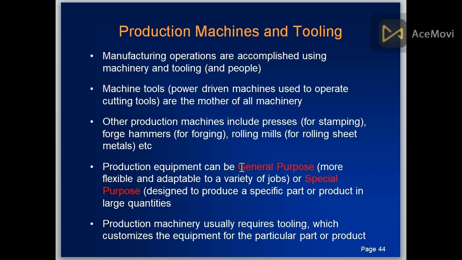Production equipment can be general purpose or special purpose. General purpose equipment is more flexible and adaptable to a variety of jobs, but special purpose equipment is designed for specific parts. For example, big nuts cannot be loosened or tightened by simple spanners. Production machinery usually requires tooling, which customizes the equipment for the particular part or product.